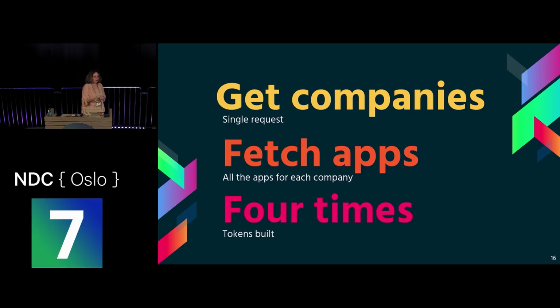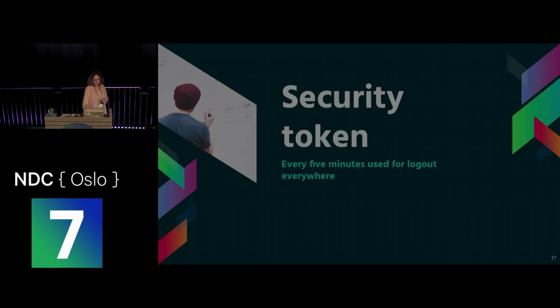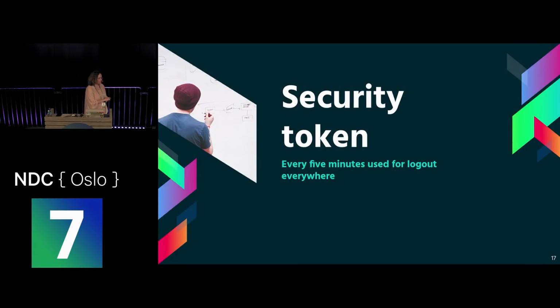But that's okay, right? I mean, it's only done once an hour. Unfortunately, it wasn't. Because in ASP.NET, there was something called the Security Token Validator. Well, what's that? The Security Token Validator is there for something called Logout Anywhere. If a user changes their password on their phone, then it should automatically log them out on their tablet, on their desktop, on their kid's PC.